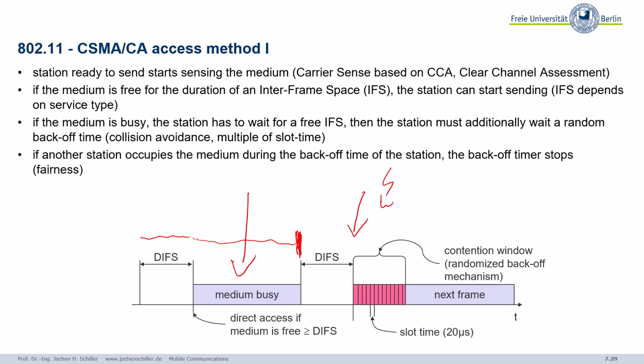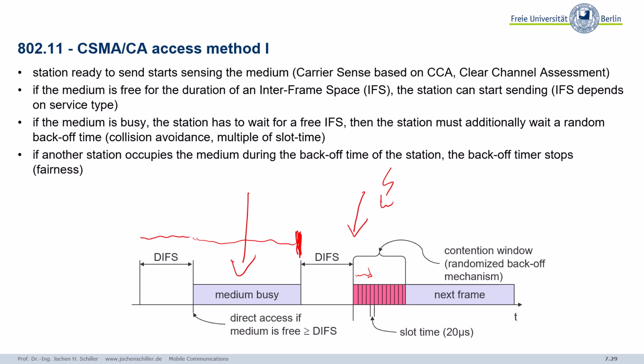And after this, well, you cannot simply access the medium. No. All the time, from this very moment, you have to check if the medium is busy. So you have to check if someone else accesses the medium. If this is the case, you stop your back-off timer.